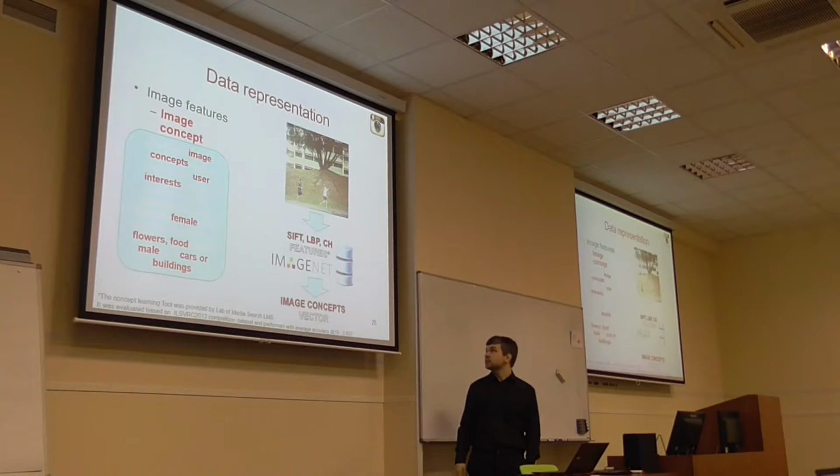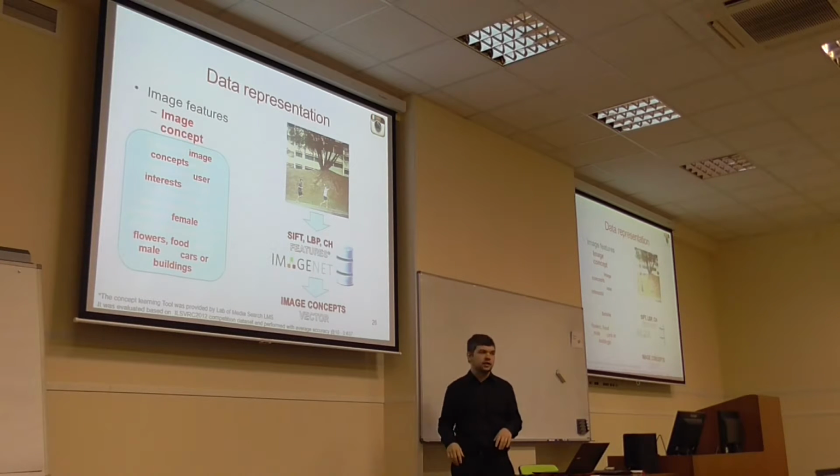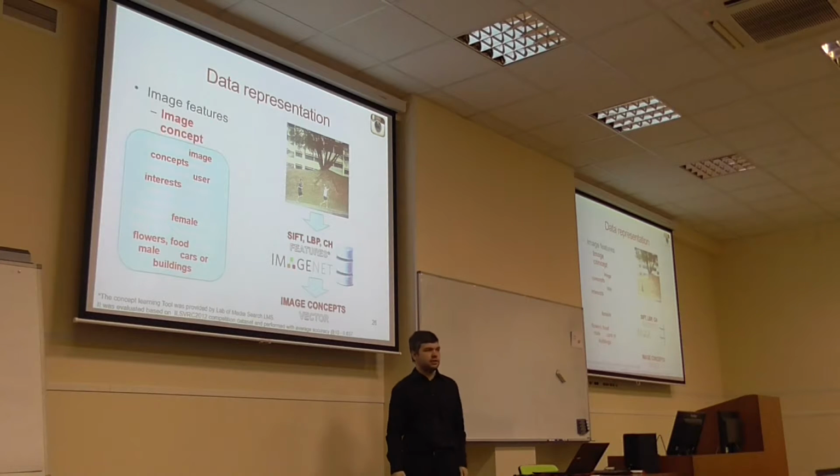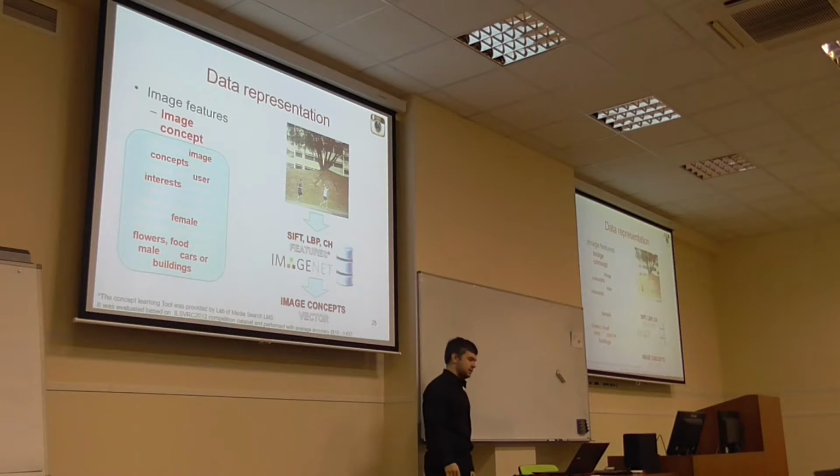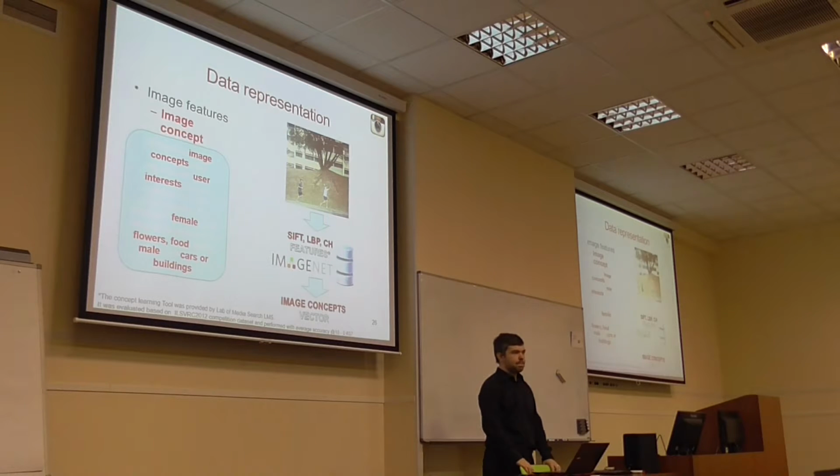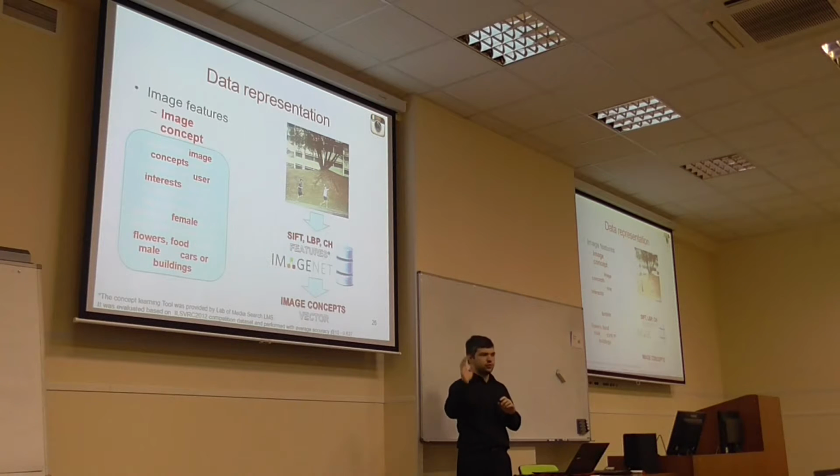And then it's easy. We combine all these features together and train many models. In our case, it's 1,000 models because there's a dataset called ImageNet that has pictures with concepts like a ball, or human, or tree, assigned to each image.